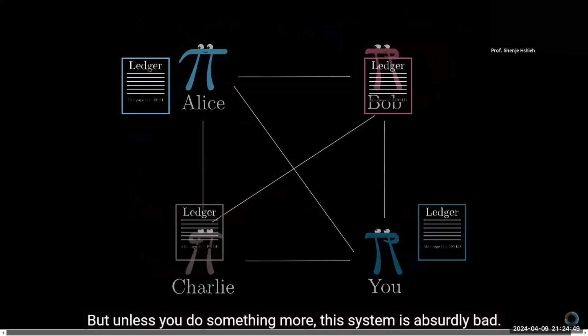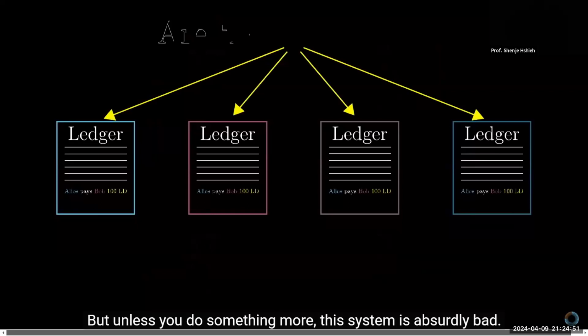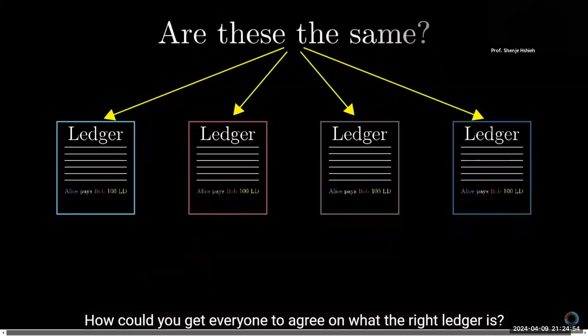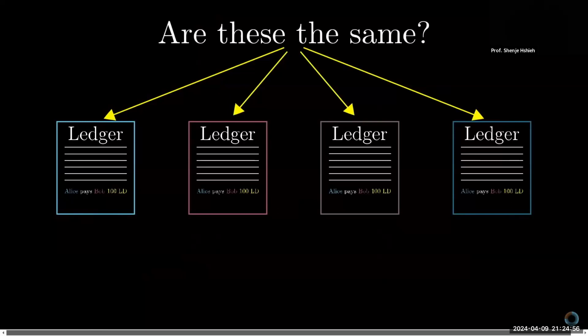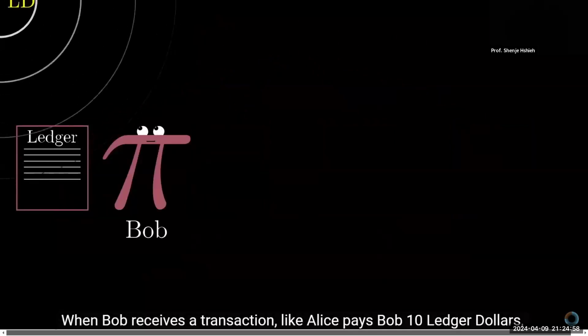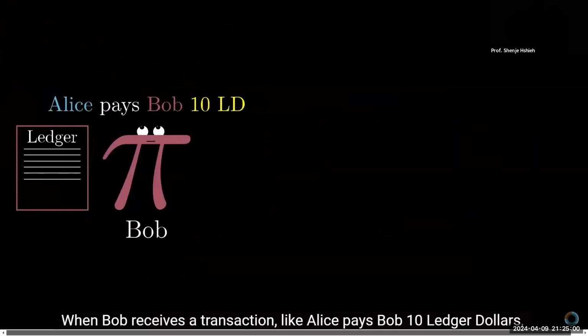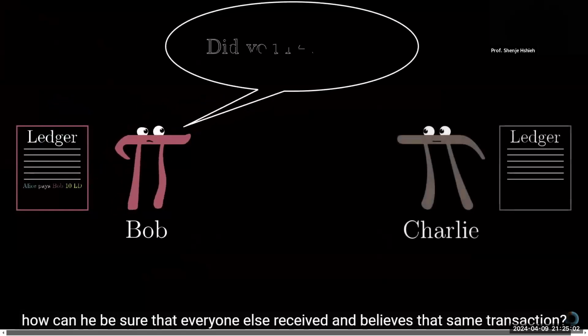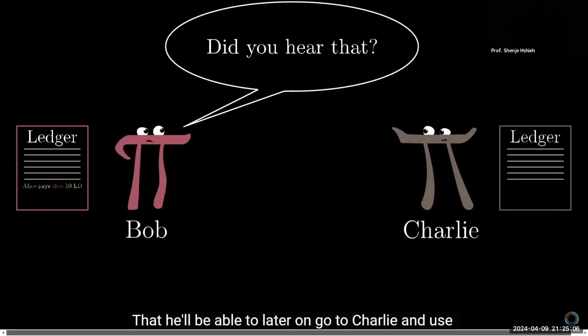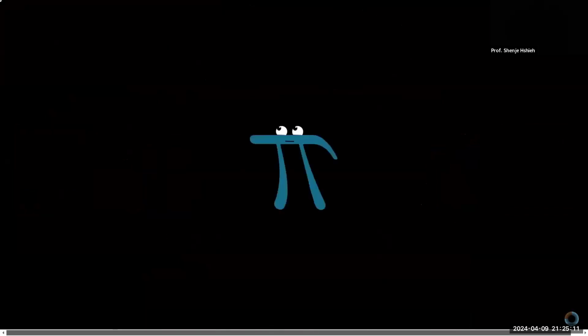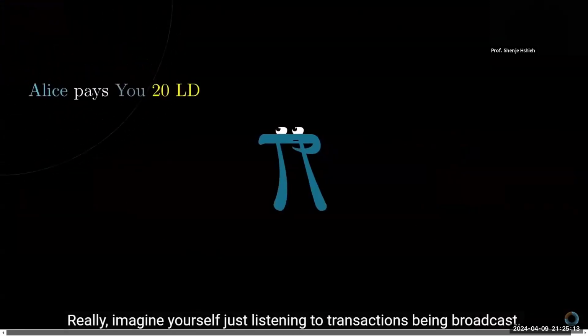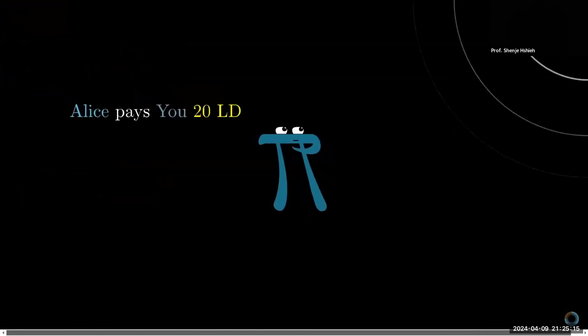But unless you do something more, this system is absurdly bad. How could you get everyone to agree on what the right ledger is? When Bob receives a transaction, like Alice pays Bob 10 ledger dollars, how can he be sure that everyone else received and believes that same transaction? That he'll be able to later on go to Charlie and use those same 10 ledger dollars to make a transaction? Really, imagine yourself just listening to transactions being broadcast.